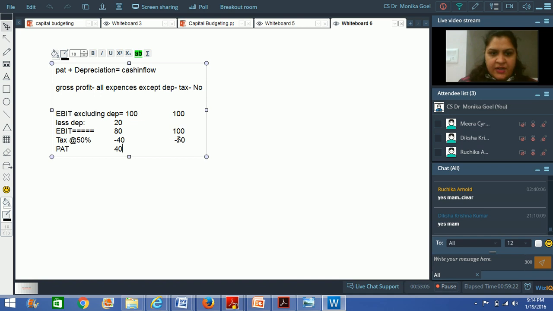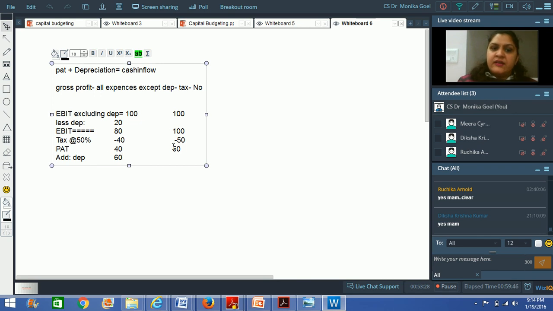Your amount would have been 100. Without depreciation, your earnings before interest and taxes would be 100, and your tax at 50% would have been 50 rupees, and your profit after tax would have been 50 rupees.